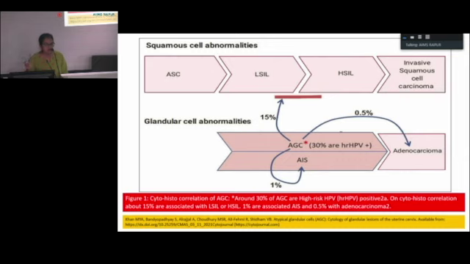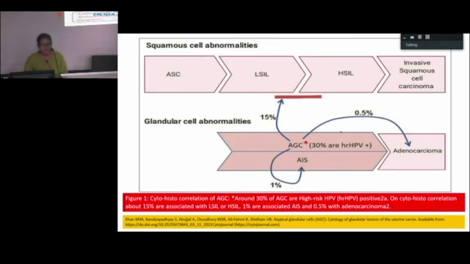A diagnosis of AGC will subsequently, on histopathology, turn out in 15% of cases to be a squamous intraepithelial lesion, LSIL or HSIL. 1% will be recategorized into the adenocarcinoma in situ category, and 0.5% will turn out to be adenocarcinoma. So the biggest category is atypical glandular cells.